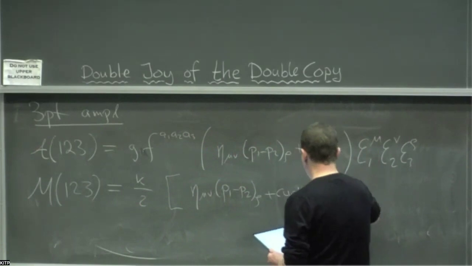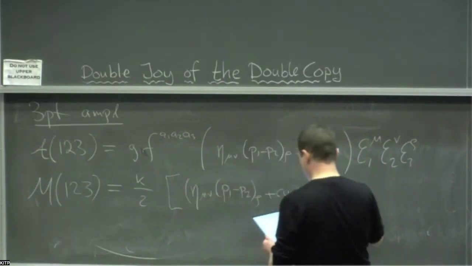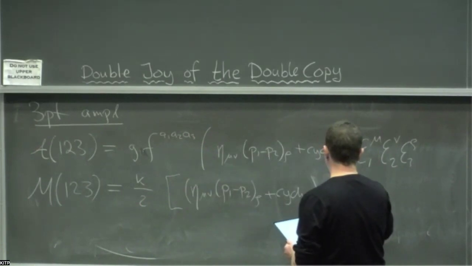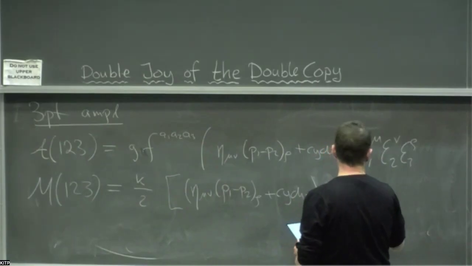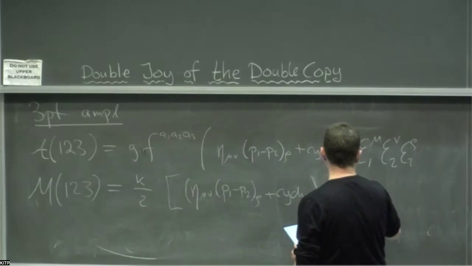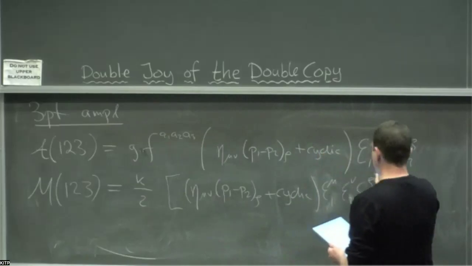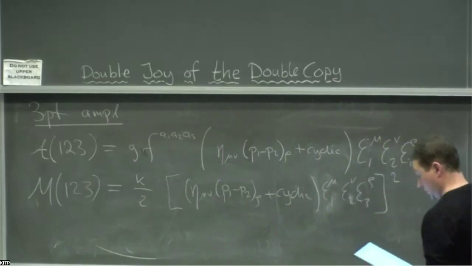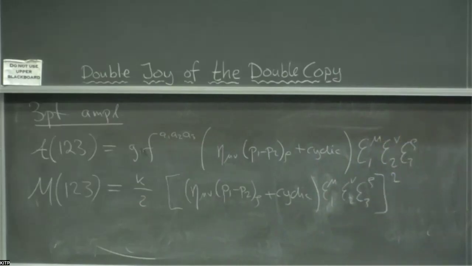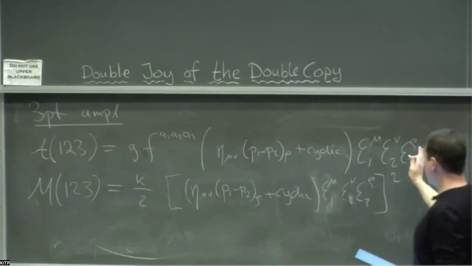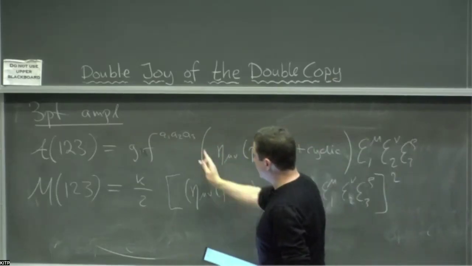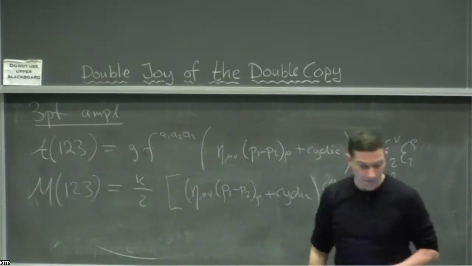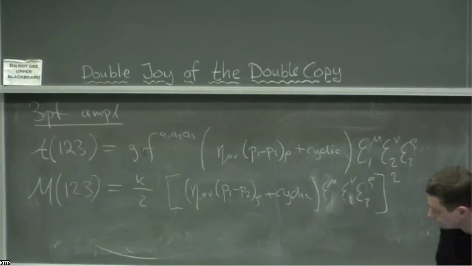Let me also put the polarizations in there. Squared. So that is your gravity amplitude. All I did is take this factor here and square it, but I did not include the color factor, and I did not include the coupling.